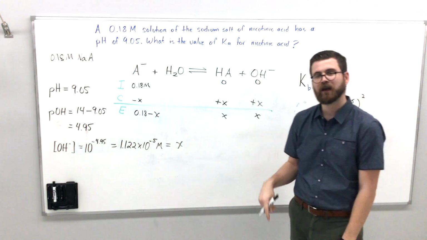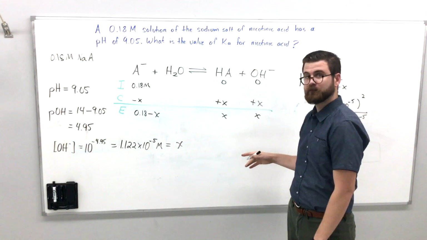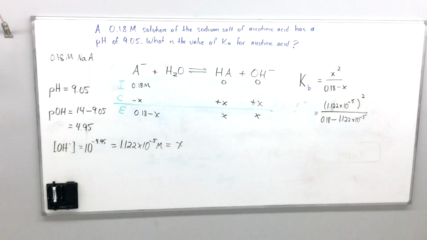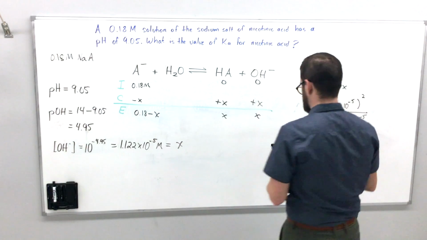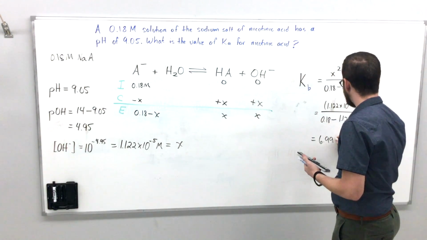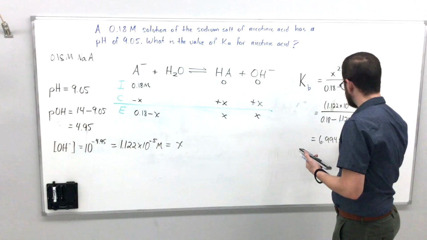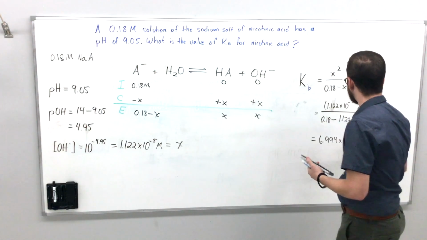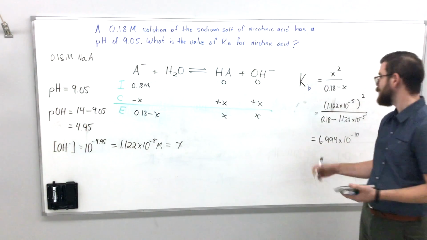And that gives us our Kb, which is, of course, 6.994 times 10 to the negative 10. So again, that's our Kb.